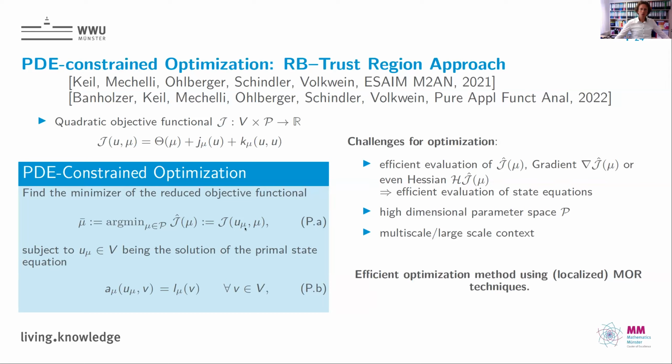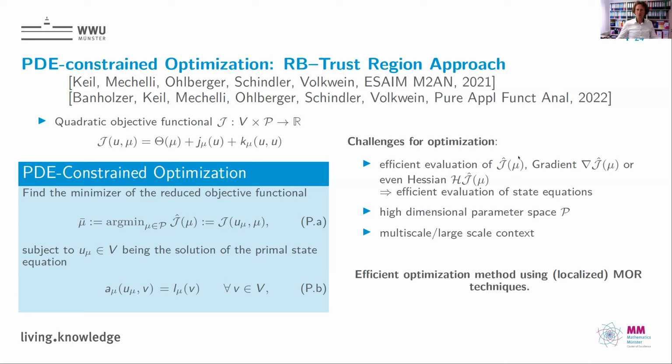Of course, if you want to solve this optimization problem, then what you need is typically a gradient descent type method for computing this minima, and such methods usually use evaluations of the objective functional, of the gradient of the objective functional, or if you go towards a Newton method, even Hessian information of the objective functional.